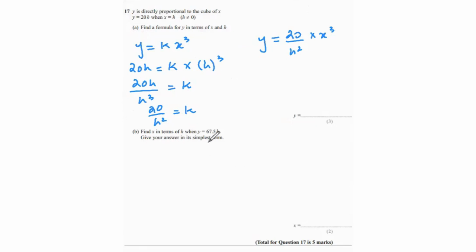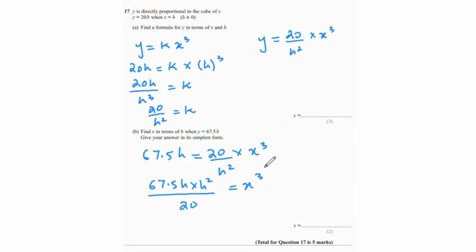Then it says find x in terms of h when y is 67.5h. So 67.5h equals 20 over h squared times x cubed. So cross multiply and then divide by 20.